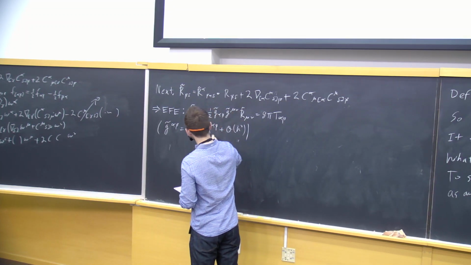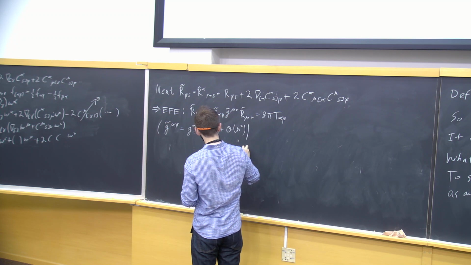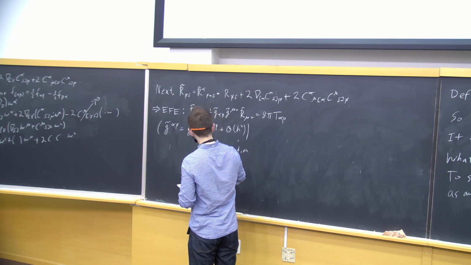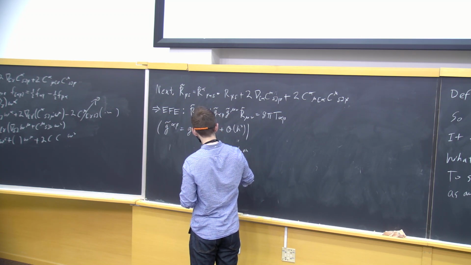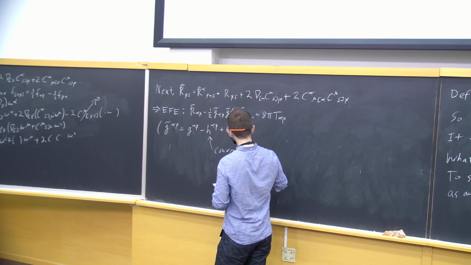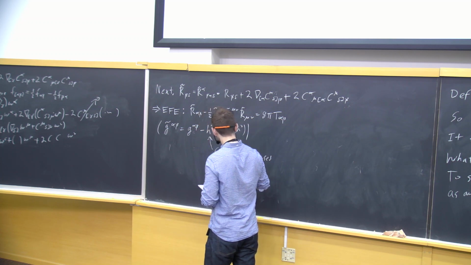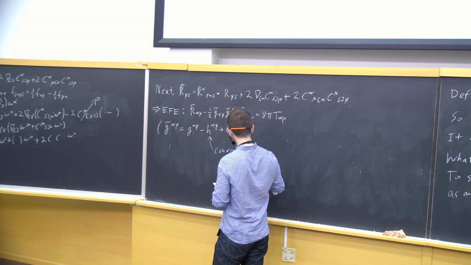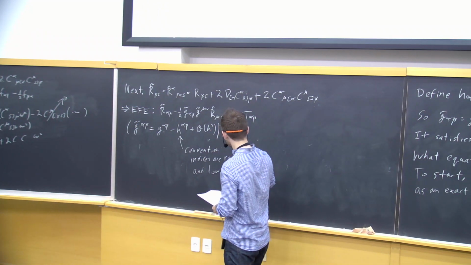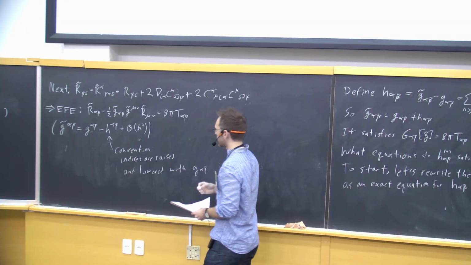And then let me state a convention, that indices are raised and lowered with the background metric, not with the full metric.